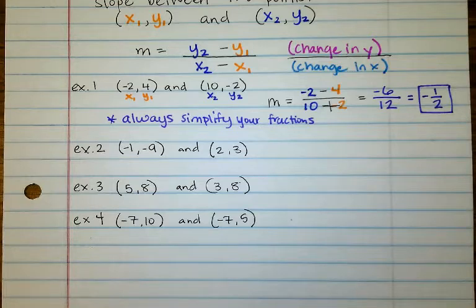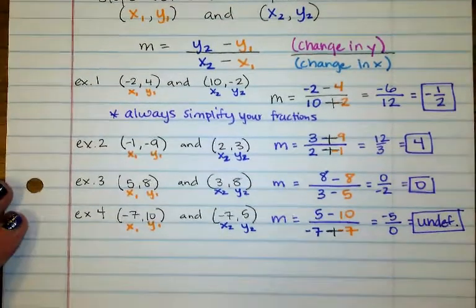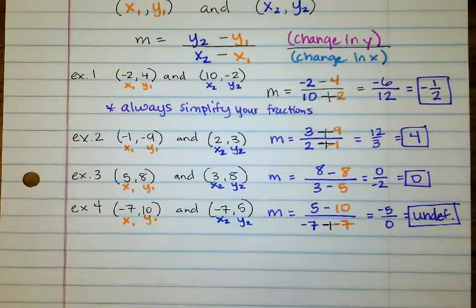Alright, so you guys should be able to see, we got 4, 0, and undefined. Are y'all able to see that? The biggest thing that's going to get you is subtracting the negatives or making sure your x's and your y's are in the right spots, alright?